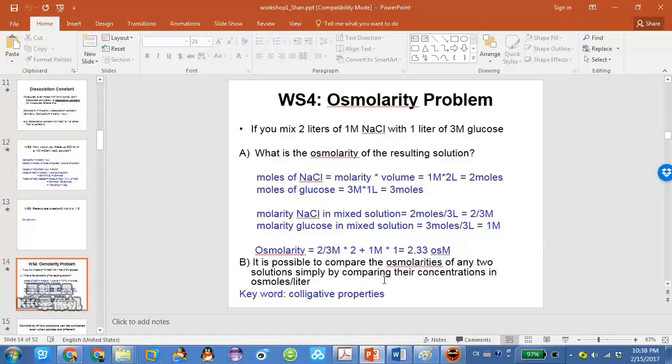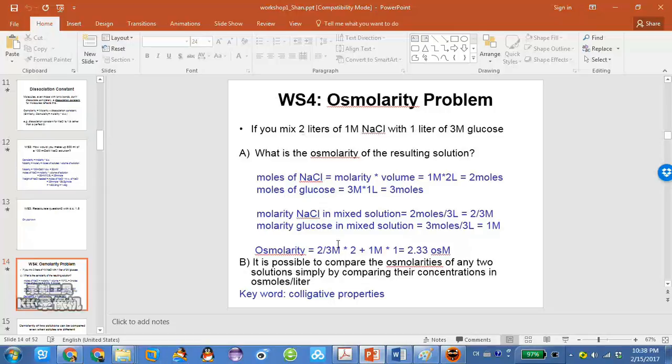We can calculate the molarity of NaCl and glucose. We have the moles. We need to know the volume of the solution. If you mix a solution of 2 liters with a solution of 1 liter, the total volume of the solution will come up to 3 liters.